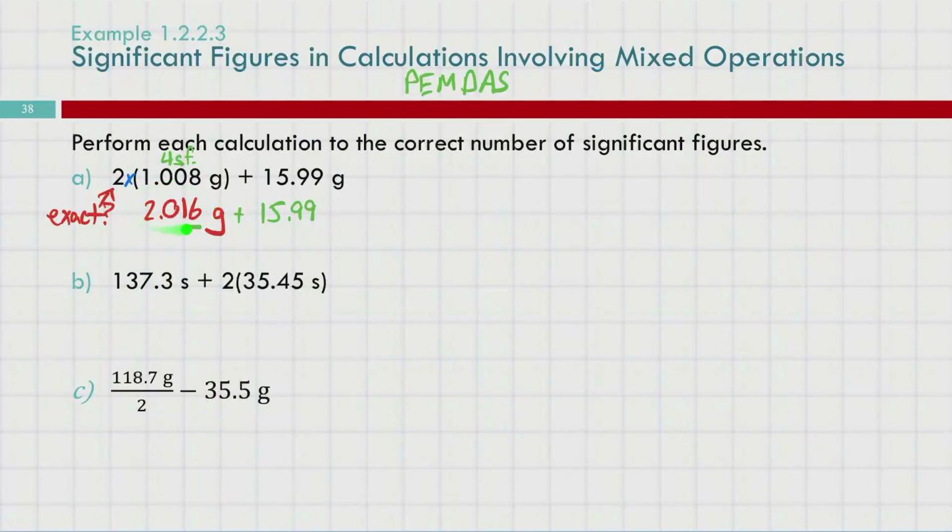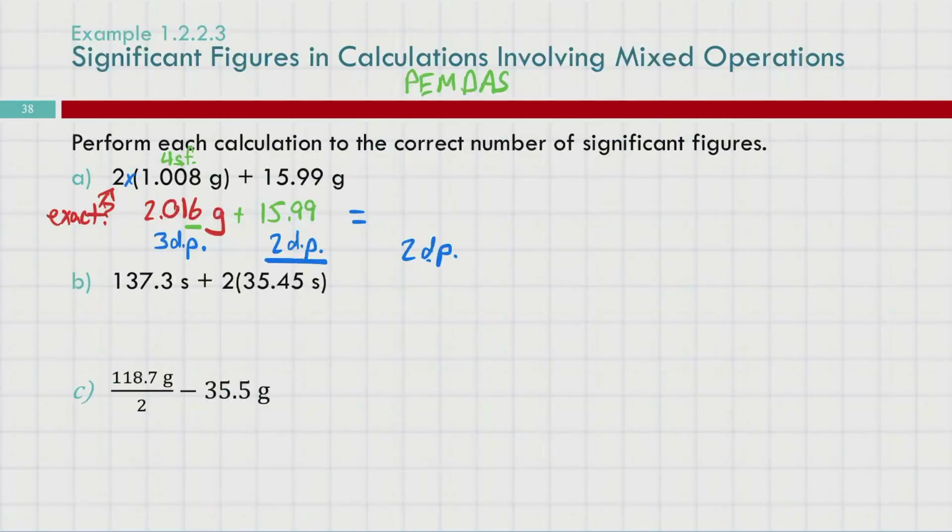How many decimal places do we have in 2.016? We've got 3. And how about 15.99? 2. So our answer is going to have 2 decimal places.